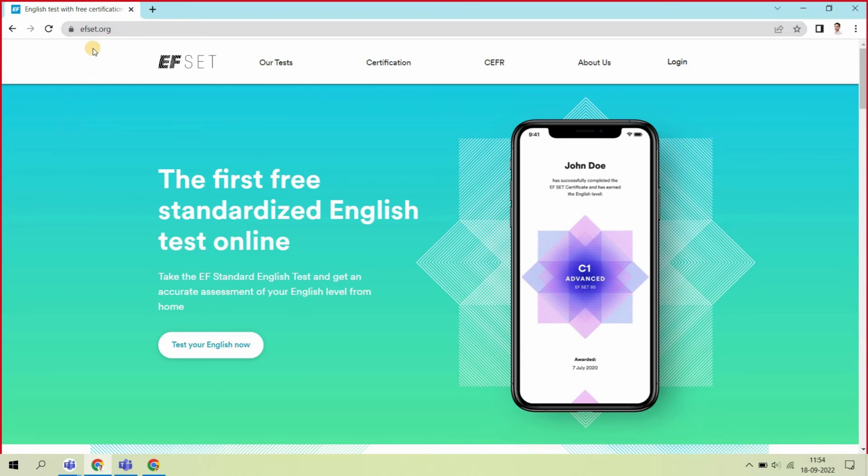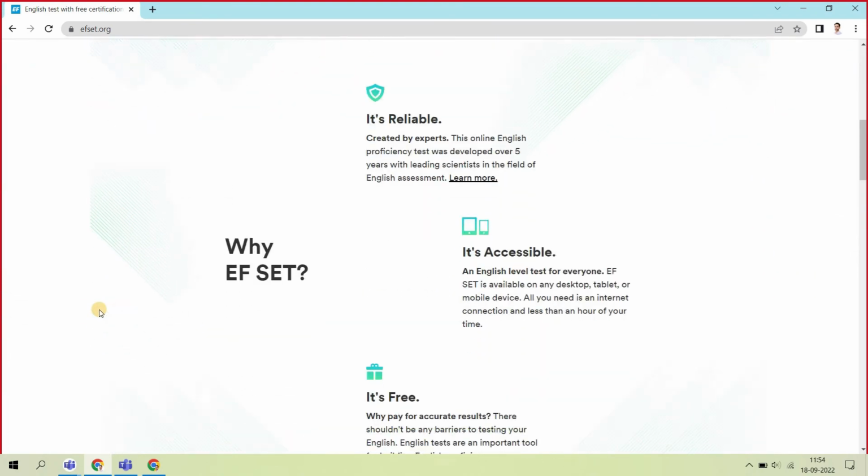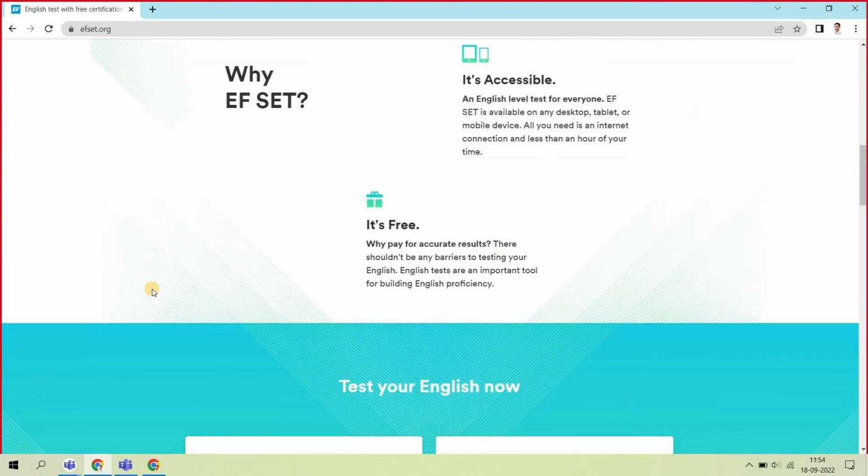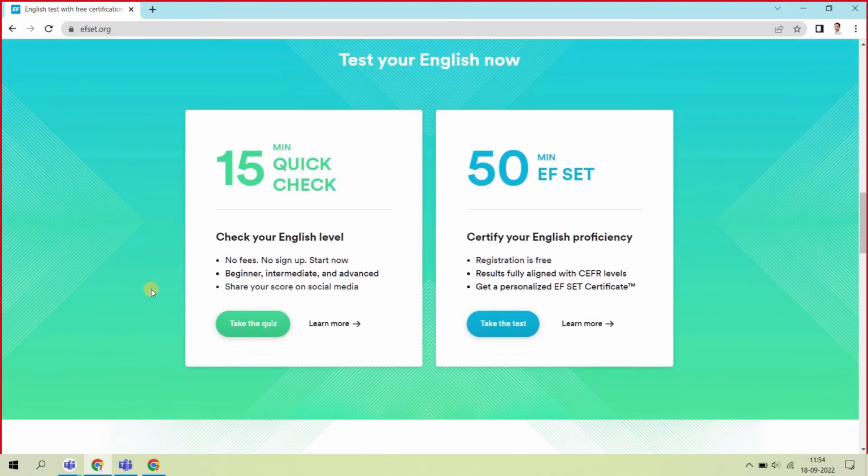It's normally considered a standardized test in English, and it's completely online. They provide you a free certification in PDF format, which you can download, and then you can post it on your LinkedIn profile or add it as part of your resume. You can do whatever you want, but it's very valid. And as you come down, you have two tests here.